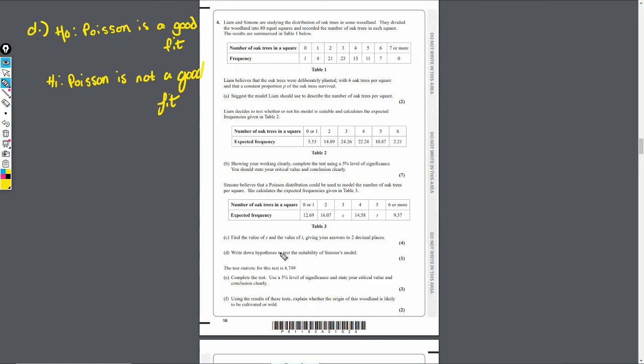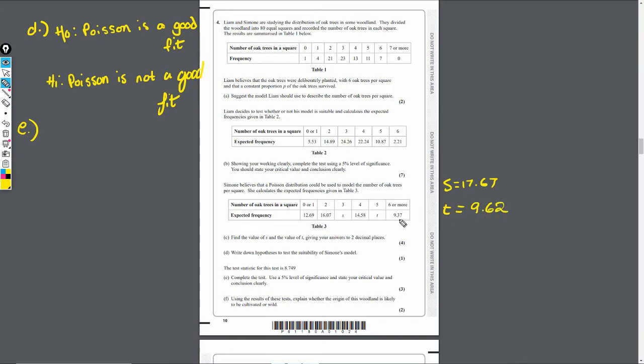Part E now, we're given another test statistic, 8.749. We just have to complete the test. So let's look at our expected values first. Well, we have S, my S was 17.67, so we'll write that over here, S equals 17.67, and my T was equal to 9.62.